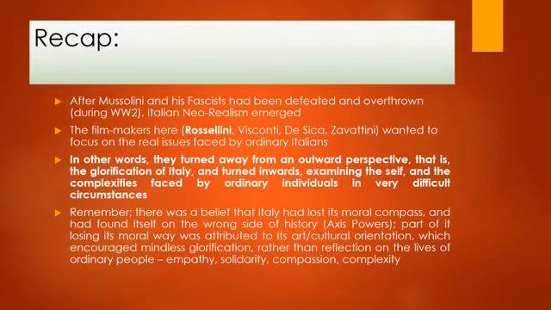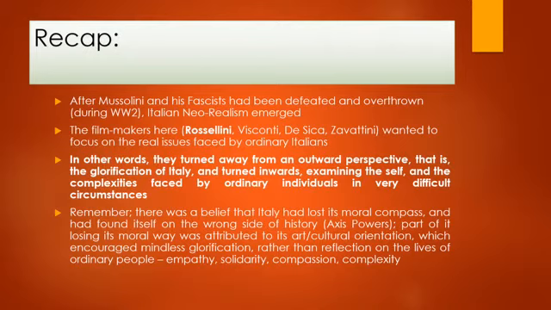And you have to remember that there's a philosophical underpinning to this, and that is that there was a belief that Italy had lost its moral compass. It had found itself on the wrong side of history, and part of the reason that it had lost its moral way was because of that cultural orientation, right?